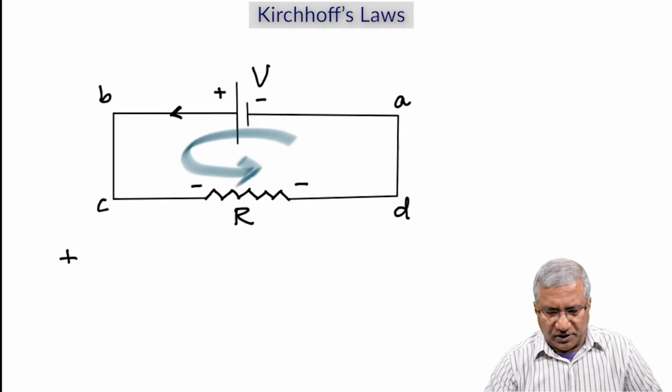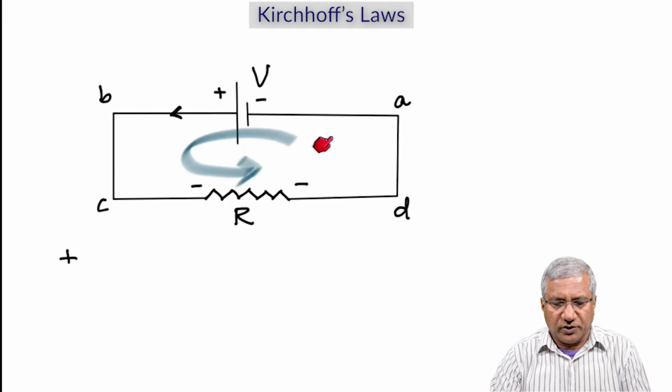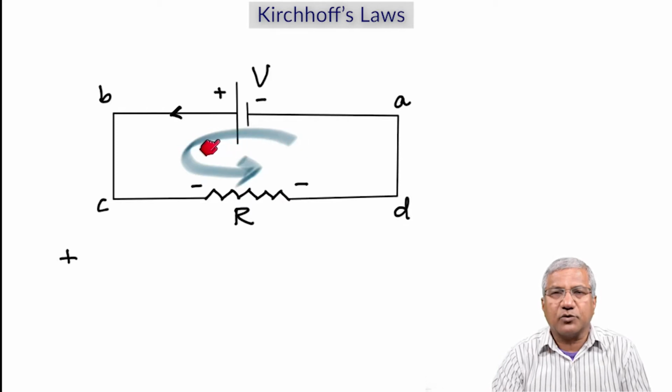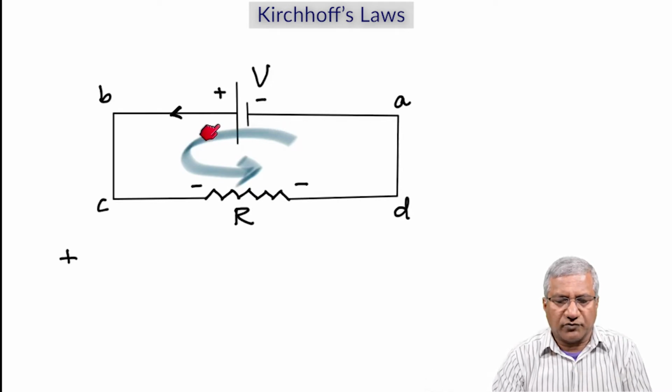When we come across the battery, let me show you. When we go across the battery, we're going from negative to positive. So we will take that as positive V volts.